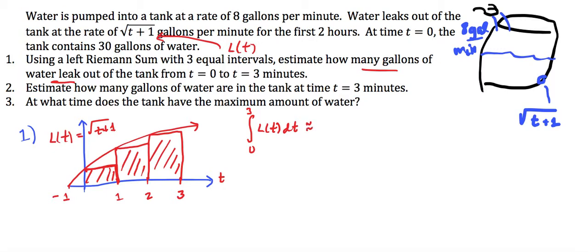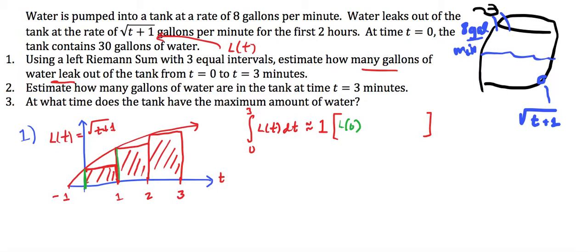So this definite integral is approximately equal to 1 times, the width of all these rectangles, and then we figure out the heights. This line right here is the first height, that's L of 0.